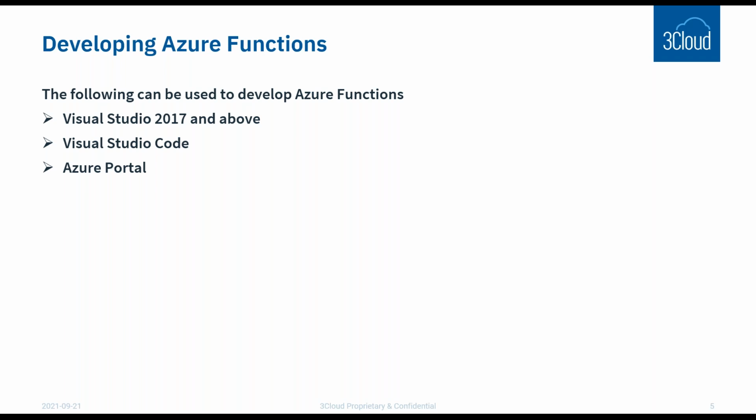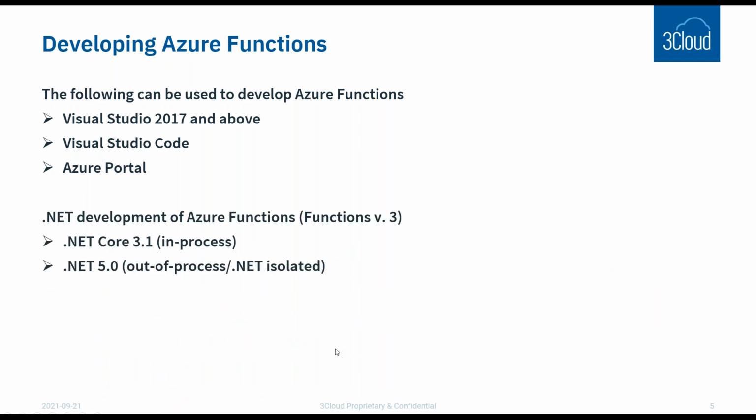Whereas I like developing in the other two because it promotes a more traditional software development lifecycle, where you can develop the code locally, test it, maybe set up a pipeline in Azure DevOps to then deploy the code to the function app, and it helps to enforce a traditional software development lifecycle there.